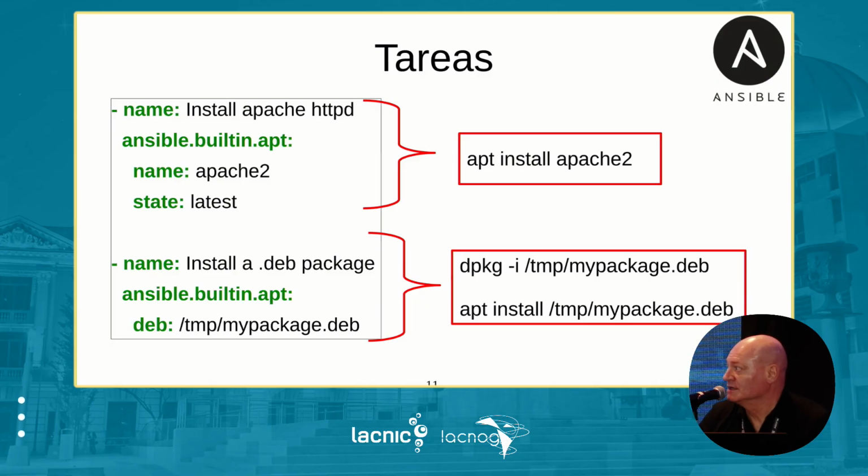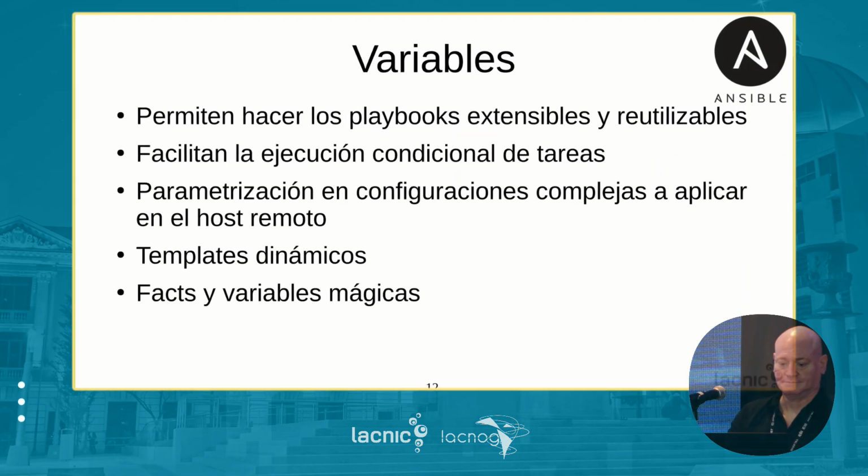I will use the same module, but instead of the name, the module incorporates the possibility of installing deb packages. So the wording is quite similar when it comes to installing a package from the repository or from a package that I have downloaded as .deb.